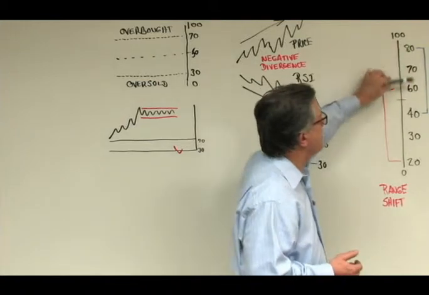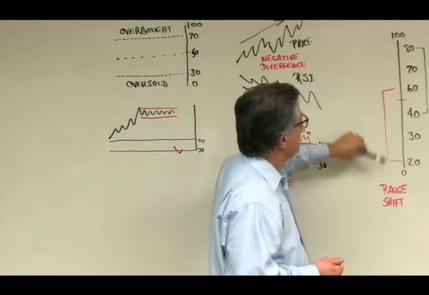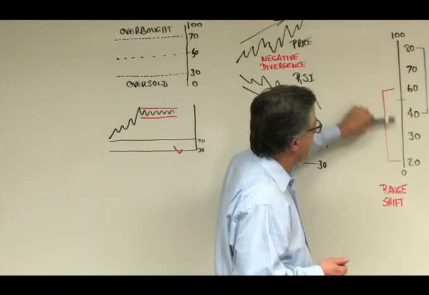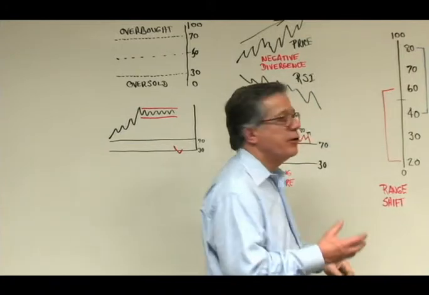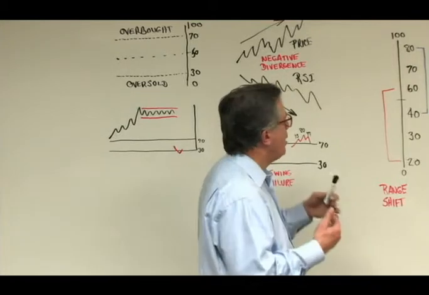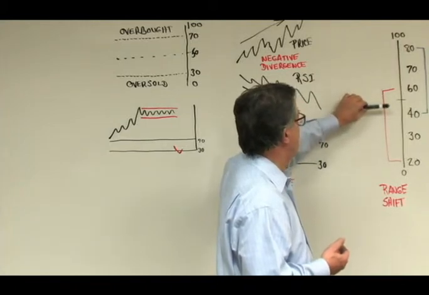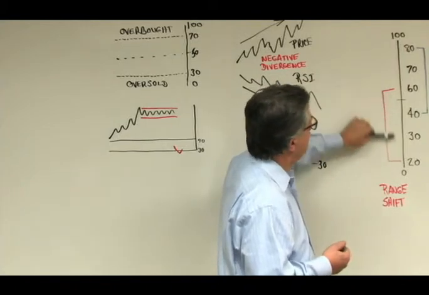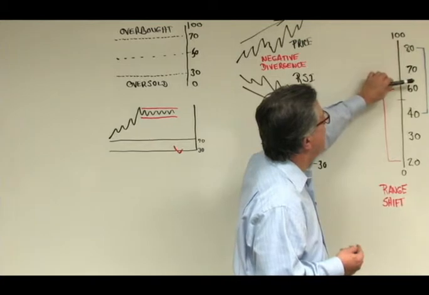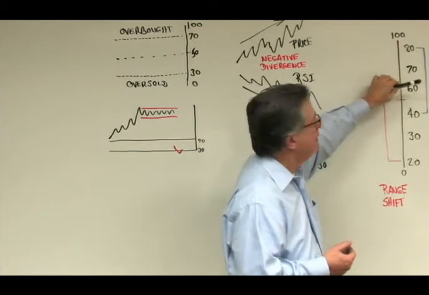When the RSI is in the 60 to 20 range down here, there's more of a bearish bias, a downside bias to the pair. Also, when you see the range shift, if it's been in 60 to 20 and then moves up into the 80 to 40 range, that's going from a bearish bias to a bullish bias, or vice versa.